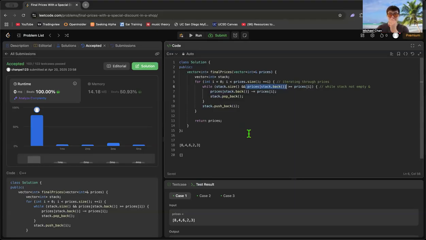So stack is currently empty, so I skip this, and then stack will push back. So it's this, right? And then now i equals 1. Now stack is not empty, and prices of stack back is 0, which is 8. Is it bigger than 1? It is bigger than 1.